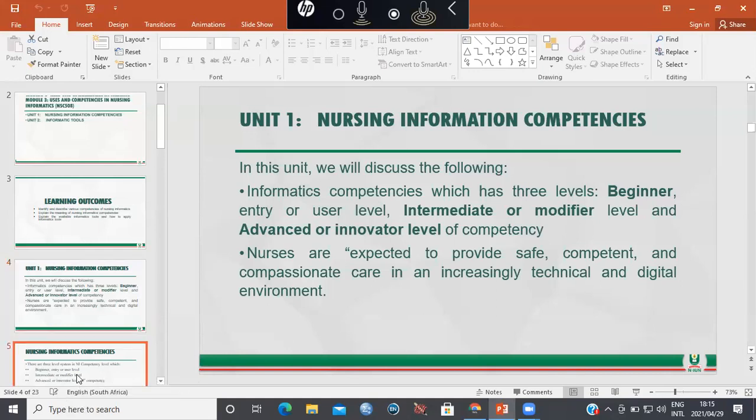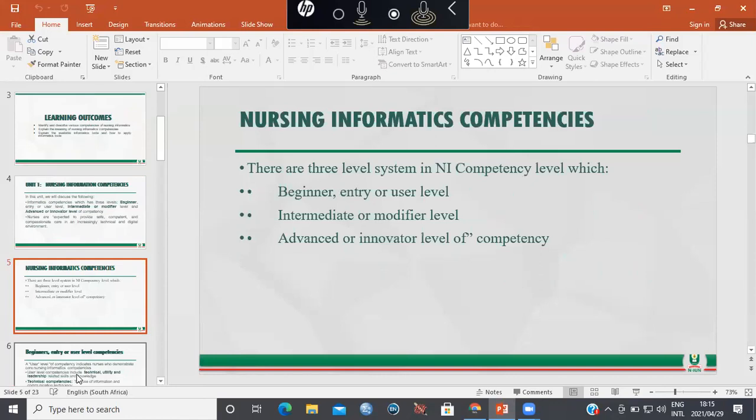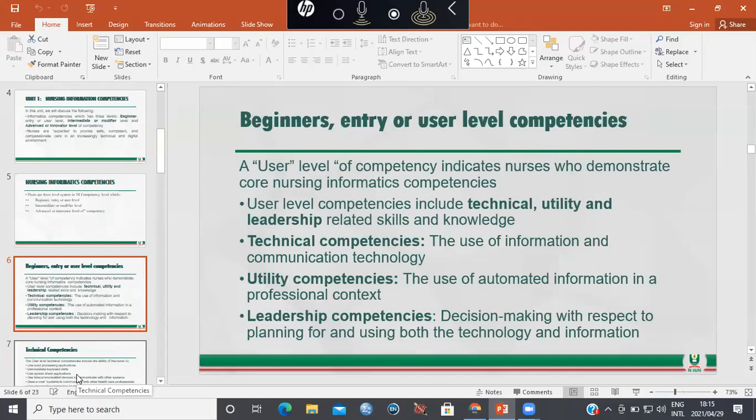And so, a user level of competency indicates nurses who demonstrate core nursing informatics competency. The user level competency indicates technical, utility, and leadership related skills and knowledge.